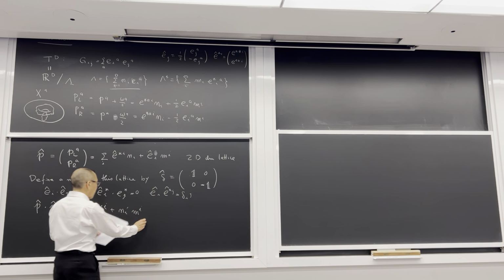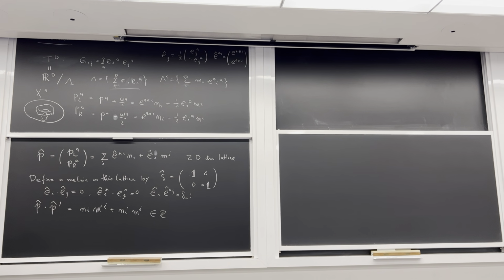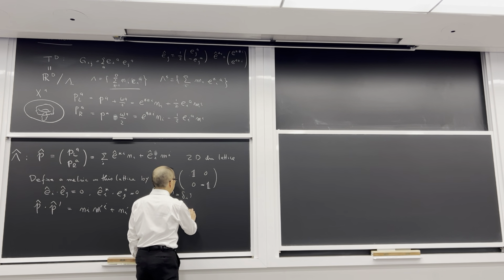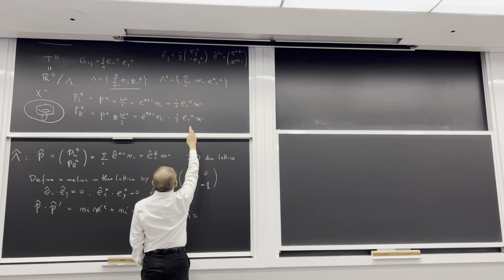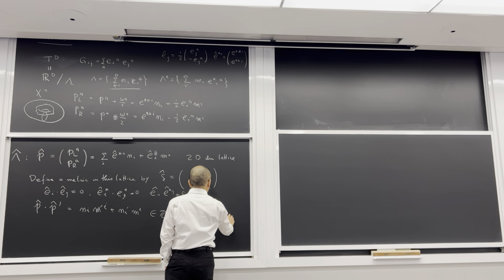And so therefore, in particular, it takes value in integers. So let's call this lattice lambda hat. Lambda hat, as I said, is defined to be the linear combination of n_i e hat i plus m_i e hat star i.